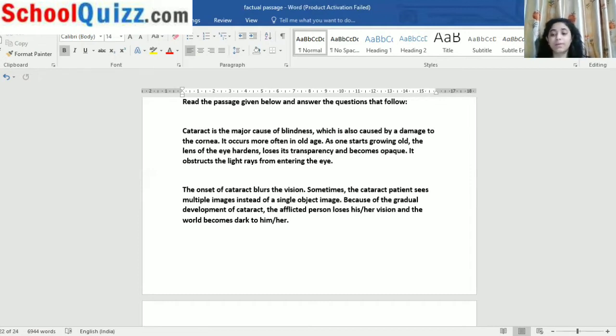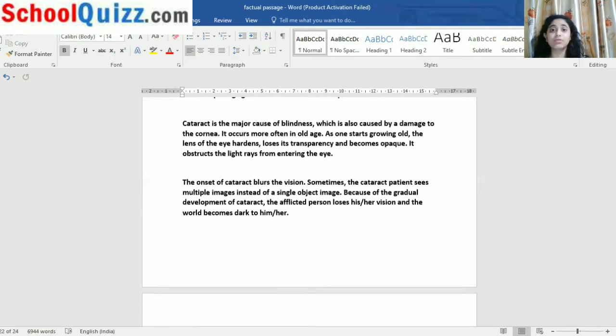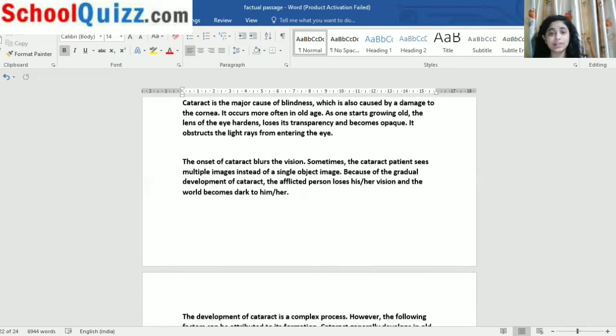People used to live 60 years and not even need specs. Why? They used to drink carrot juice and beetroot juice. They used to have good food. And are we consuming good food? No. We are consuming more junk food than good food. So that's why we are causing the diseases.